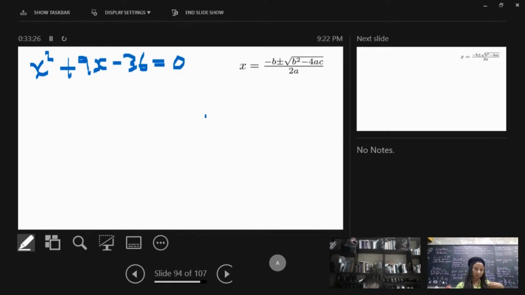Okay, miss. Well, A is equal to 1, B is equal to 9, and C is equal to negative 36.